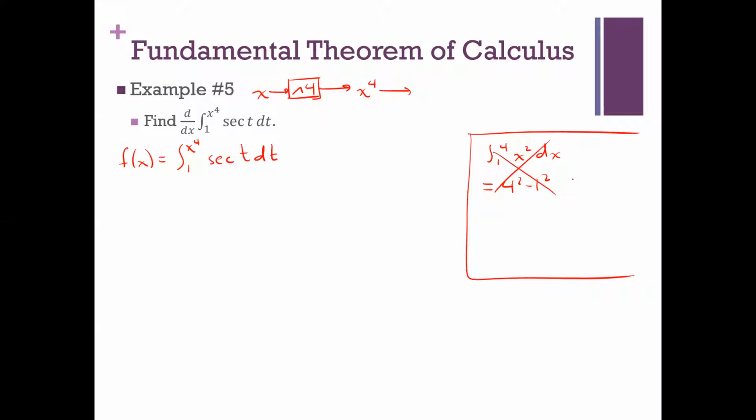Because of that, I am not just taking that x to the 4th and plugging it into a secant. What I'm actually doing, and I think it's more helpful if we take it all at once, is integrating. I am doing an integral from 1 to x to the 4th of secant t dt.